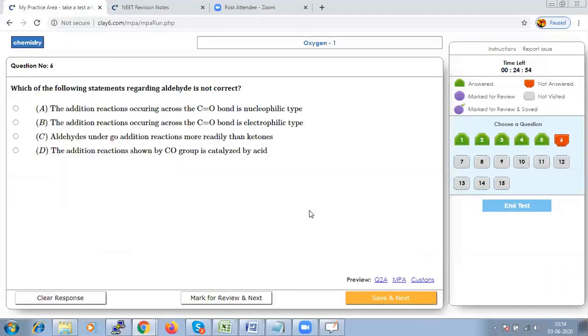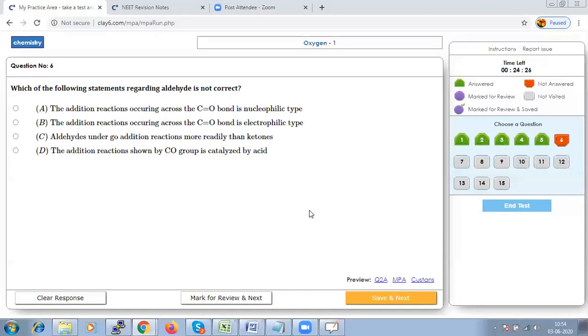Which of the following statements regarding aldehyde is not correct? Here the question is, it should be not correct. The first option says the addition reaction occurring across the C double bond O is nucleophilic type. The second one is the addition reaction occurring is electrophilic type.